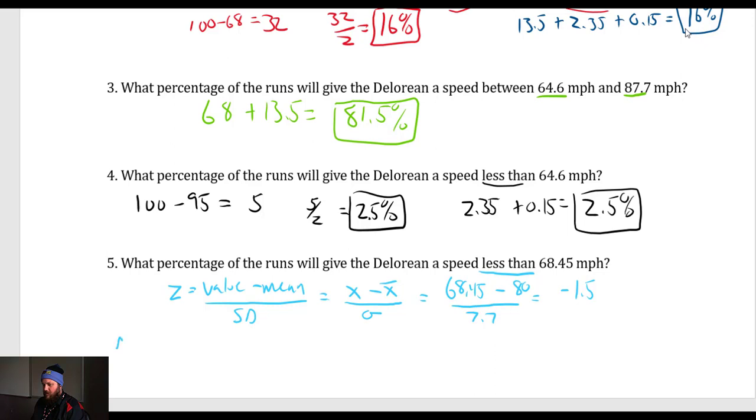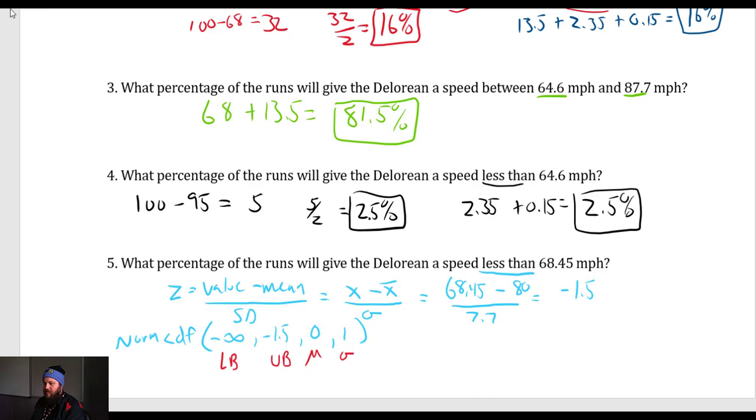So the first way we did it, we did normal CDF, negative infinity to negative 1.5. We had 0 as our mean, standard deviation was 1. You can write this out, normal CDF, but you have to label the numbers. So lower bound is negative infinity, upper bound was our negative 1.5, our mean was 0, and our standard deviation was 1.